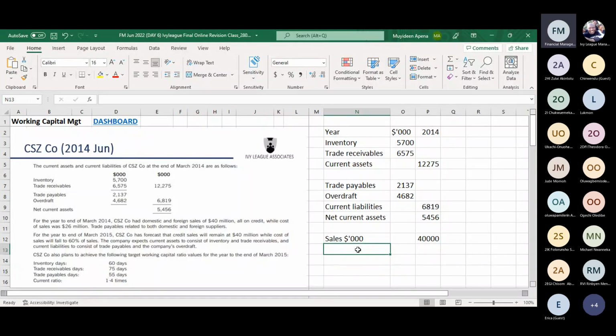All on credit, so all of these will be credit sales. Cost of sales was 26 million.